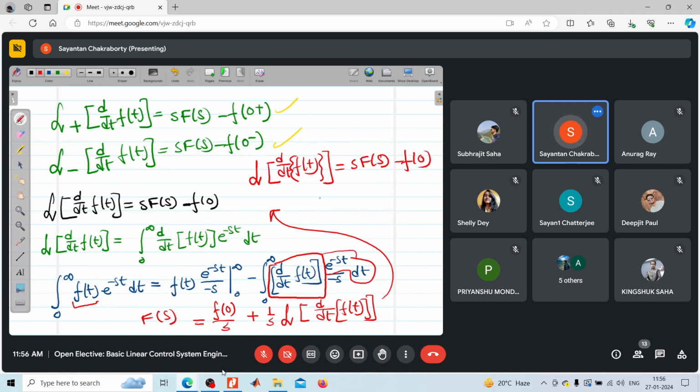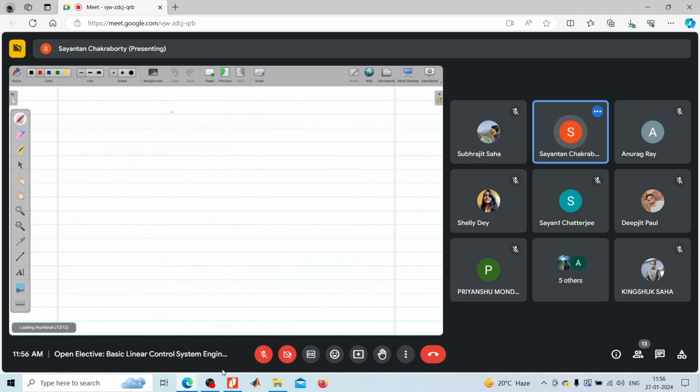Now, following the same principle, we can show the Laplace transform of the second derivative of f(t).